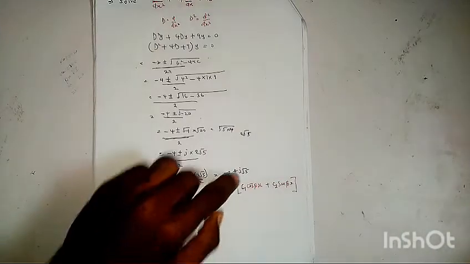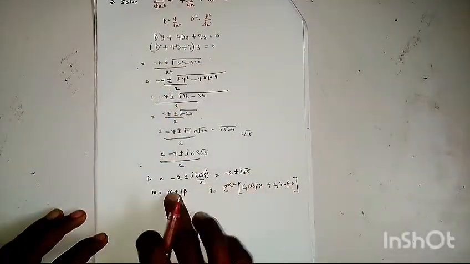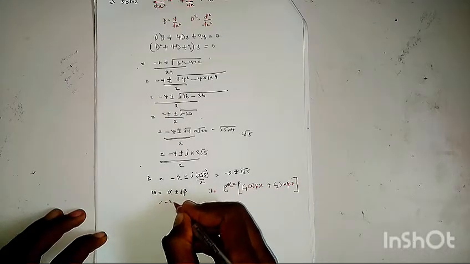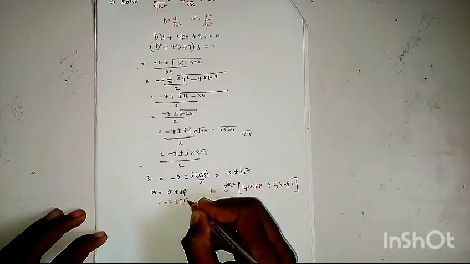So basically now if I compare this with the equation I have here, it is minus 2 plus or minus j root 5.